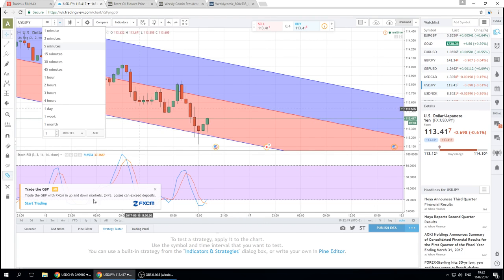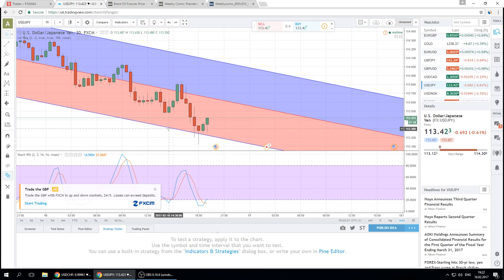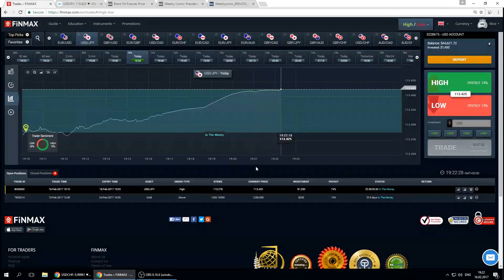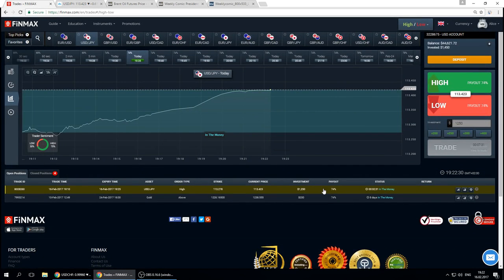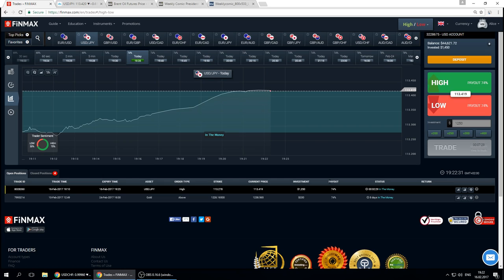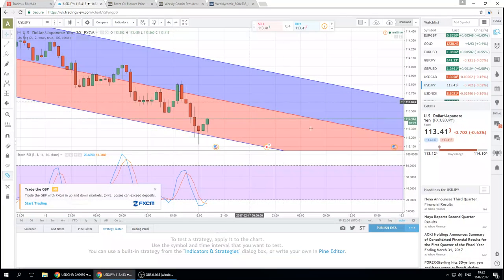It means that our general analysis was correct, but the price when we opened the trade and when the trade was closed was not that different. So it expired out of the money because of that. And here you see that right now the prices are growing pretty fast.